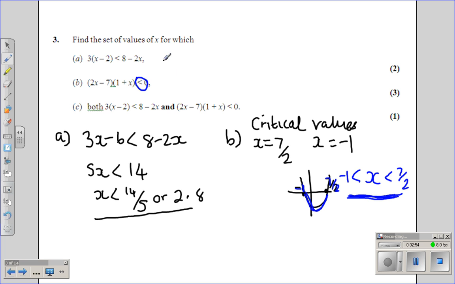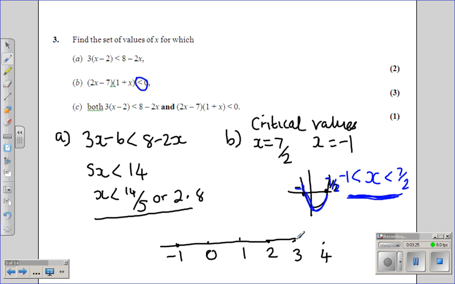We have to find the set of values for which both this and this are satisfied. So part A and B. It's sometimes good to think about a number line if you want. We've got x has to be less than 2.8. If you just consider a number line, we've got -1, 0, 1, 2, 3, 4.